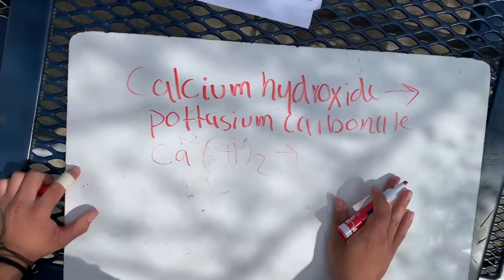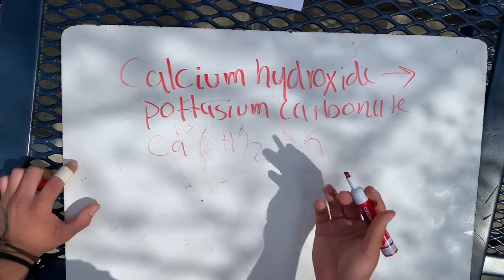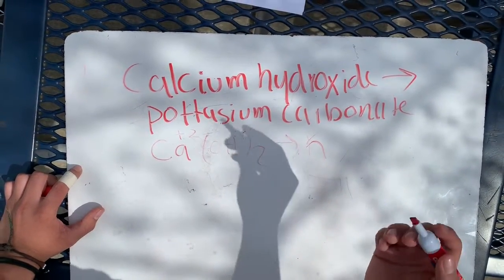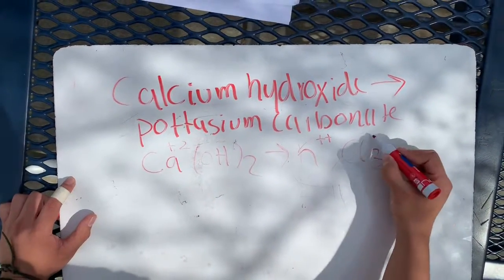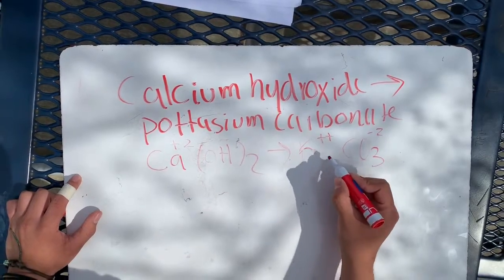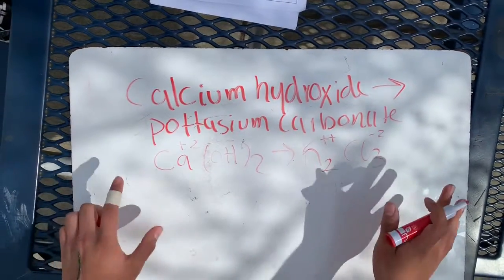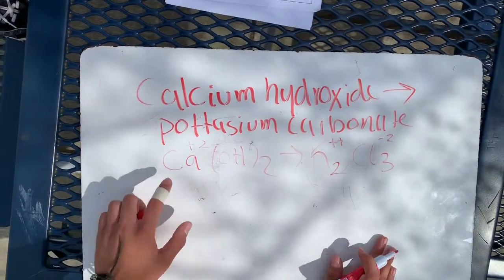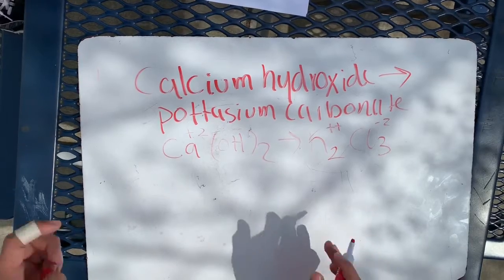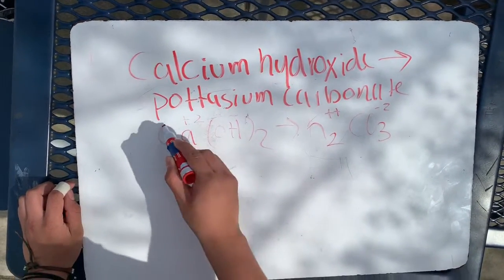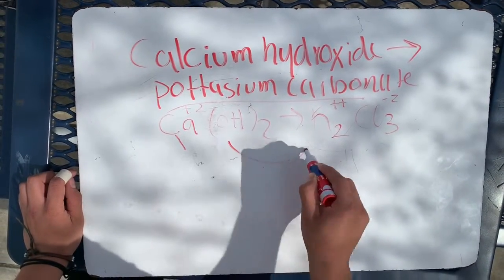And as we have potassium, which has a charge of +1, and carbonate has a charge of -2, we need to have a charge of +2 in potassium. So this is going to be our equation, and then to write it as the solubility, we have to do a double replacement, which will be calcium with carbonate and hydroxide with potassium.